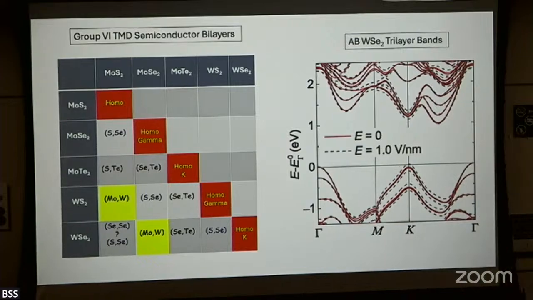So the Hamiltonian that describes this system at the reference wave vector at the center of the Brillouin zone is just a 2x2 matrix, okay?